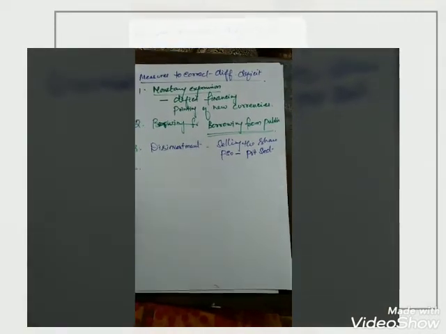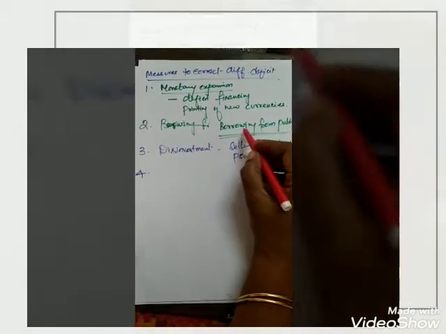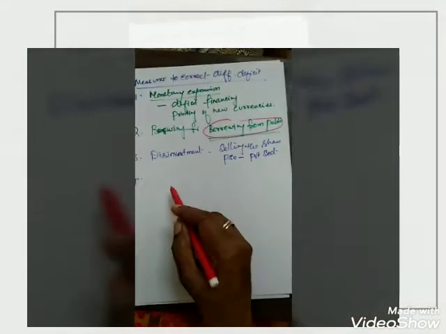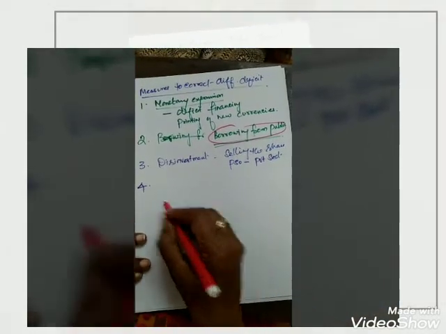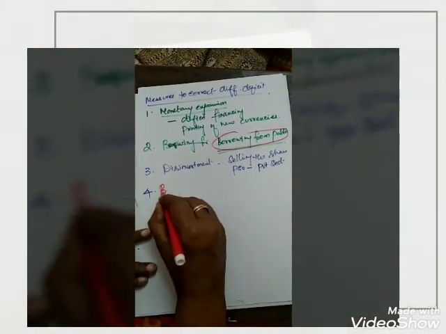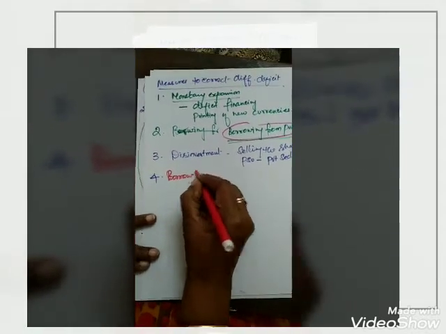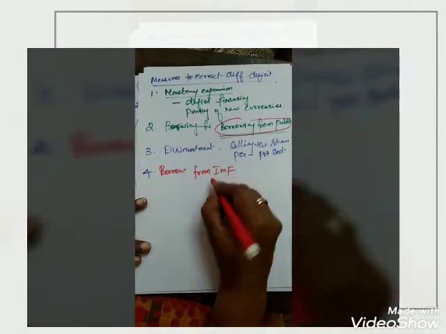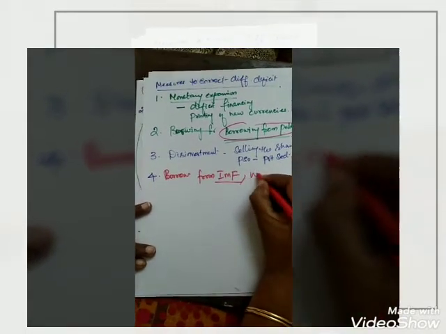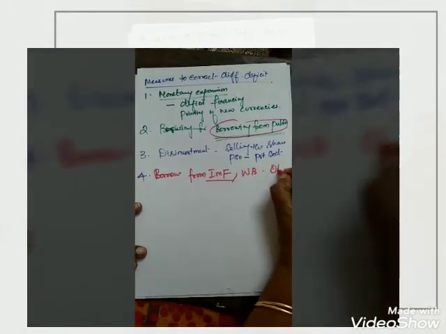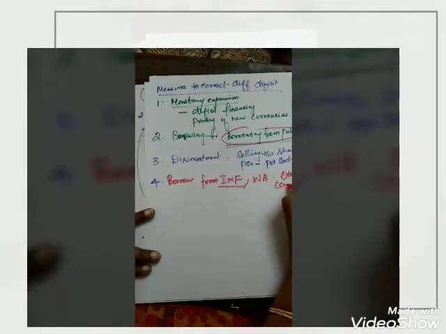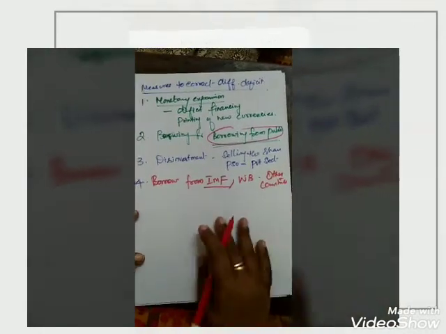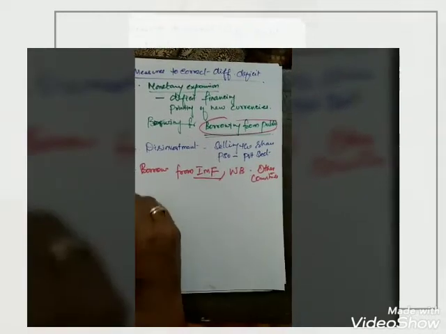Fourth one: if the borrowing from the local level, from the public, is insufficient, definitely we can borrow from the IMF, the International Monetary Fund, or the World Bank, even from other countries. We can somewhat manage the deficits.